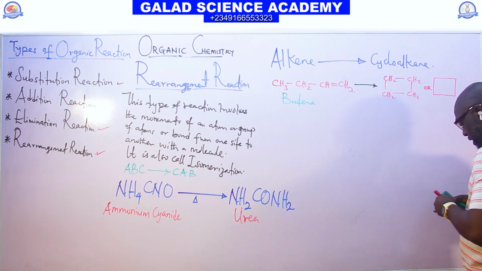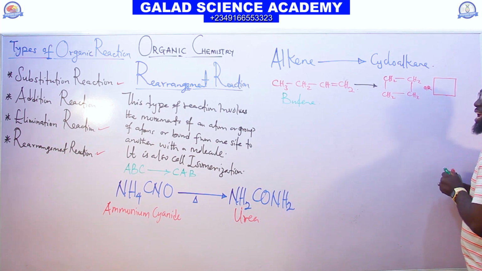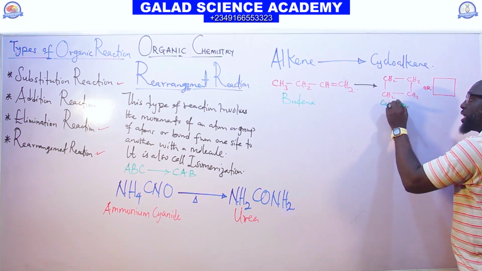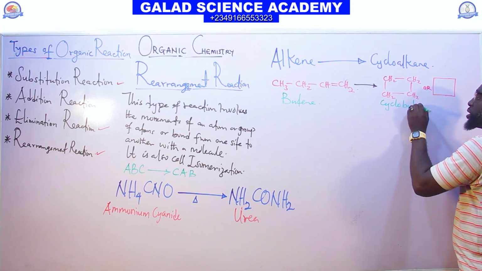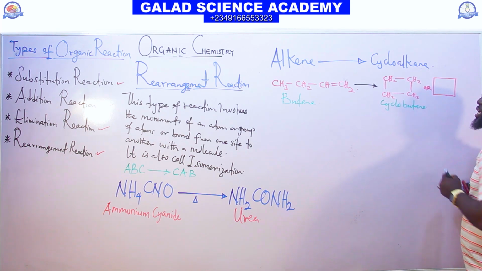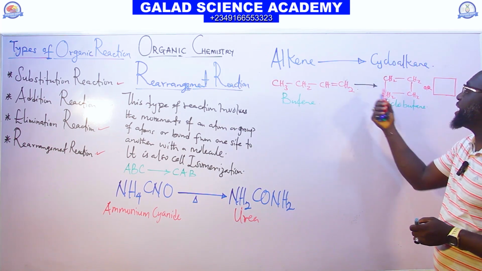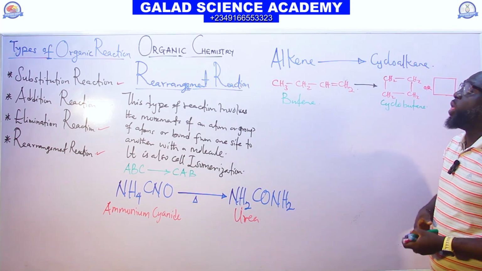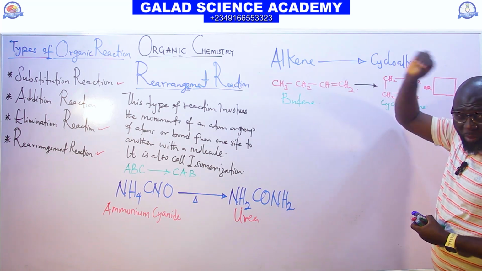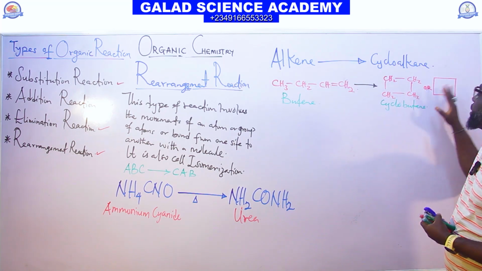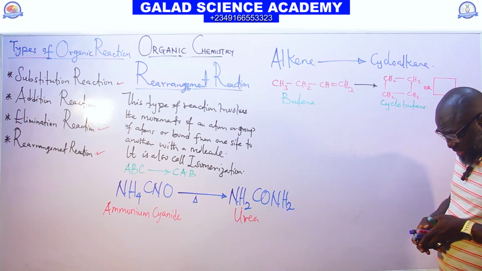And this is what we call cyclobutane. So the conversion of alkene to cycloalkane is also a rearrangement reaction, the same number of carbon atoms and hydrogen, but in terms of arrangement, they are different.